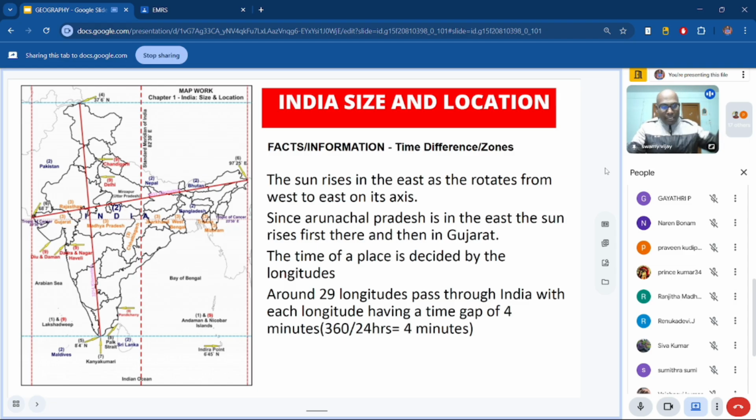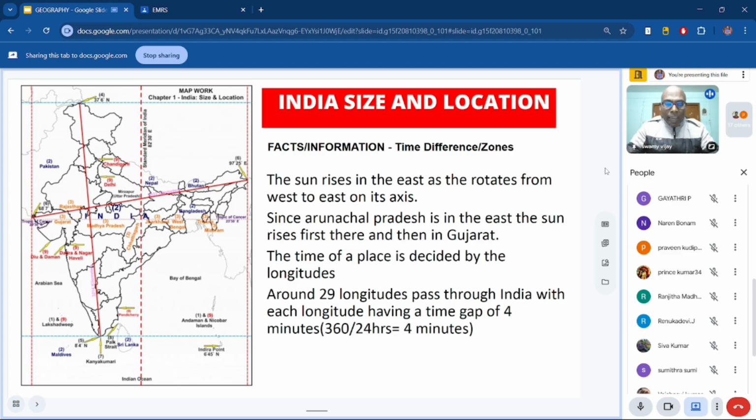So that is why the sun rays fall on the eastern part of India, and then slowly the sun rays start moving towards the western side. So the Earth rotates anti-clockwise. Since Arunachal Pradesh is in the east, the sun rises first there and then in Gujarat. So Arunachal Pradesh is a place where the sun rays fall first, and at the last in Gujarat.